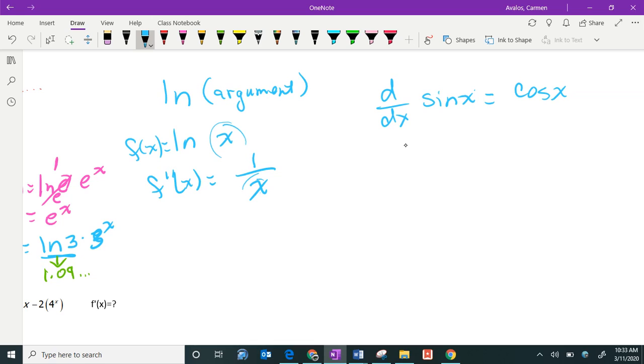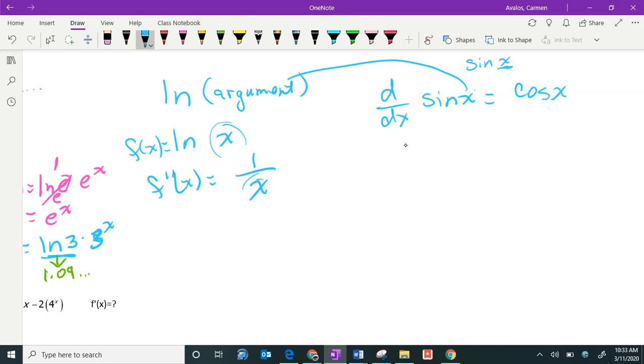Notice how what applies to ln also applies here: the x is always an argument. That's why we've always said that sin is not a word, but sin of x becomes sine because it's not missing the argument.